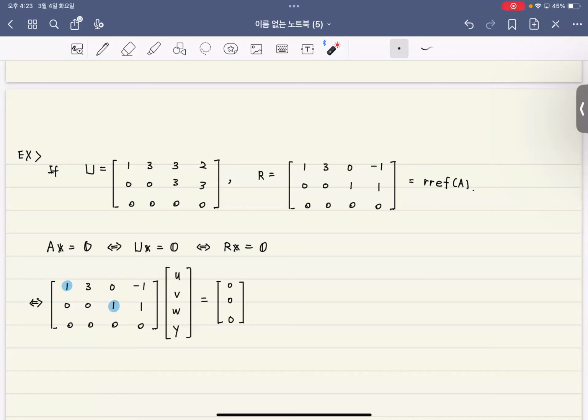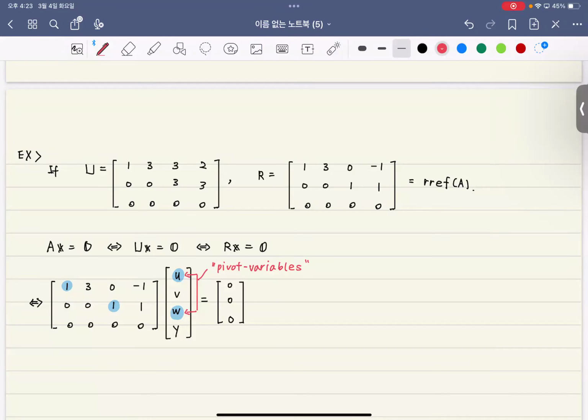So from now on, the unknowns that are being multiplied to these pivot entries, in this case, U and W, they are going to be called pivot variables.